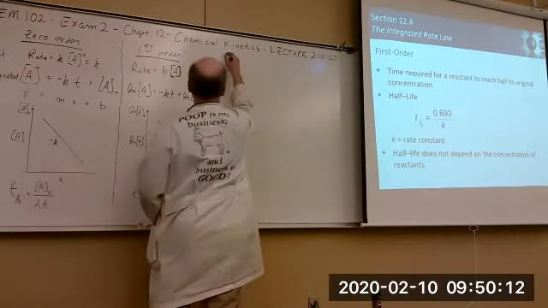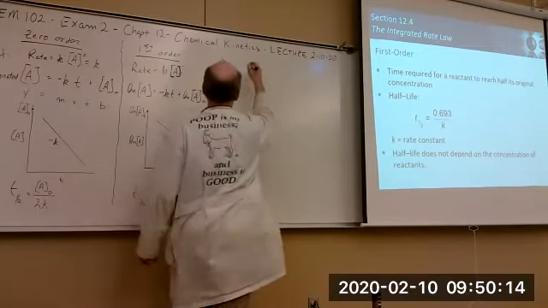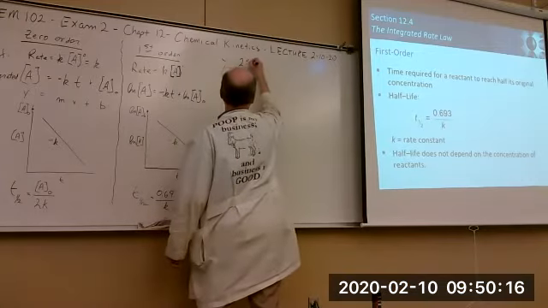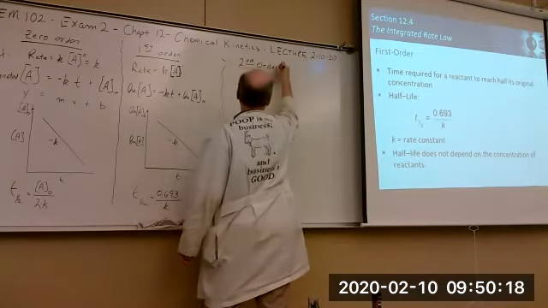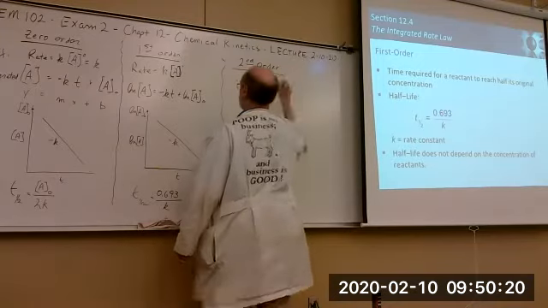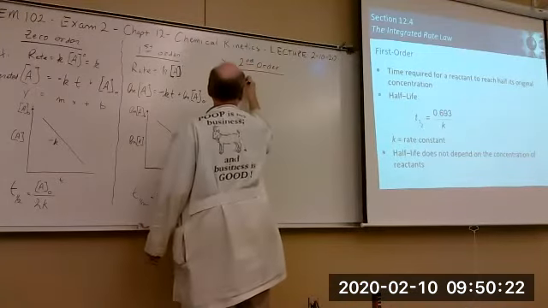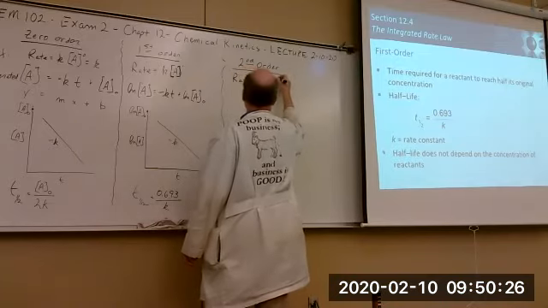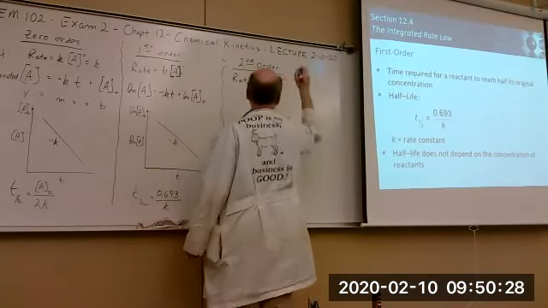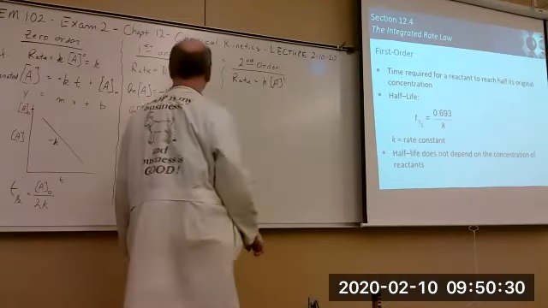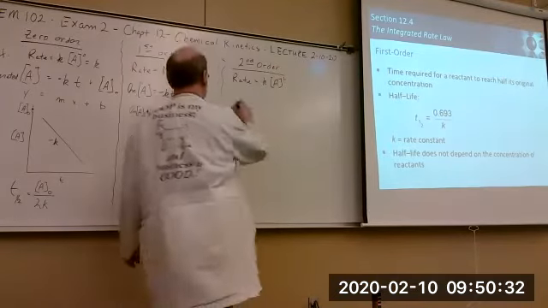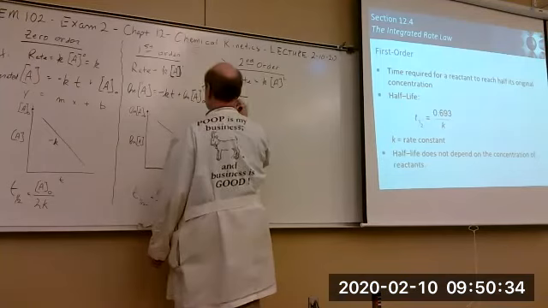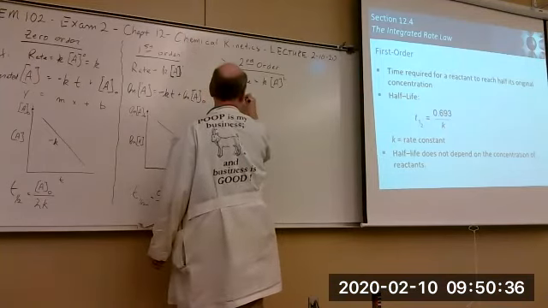And then the last one we're going to look at is second order. Okay, so this rate will be K times A to the second order. And this one is going to be the inverse transformation of concentrations.